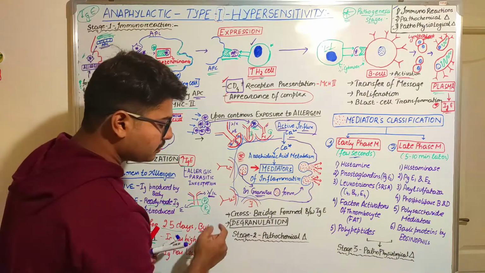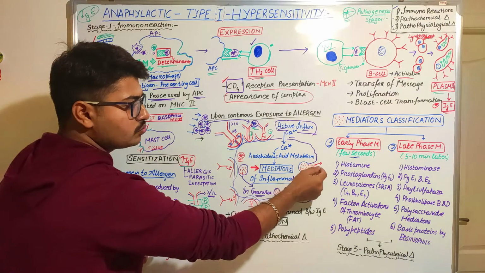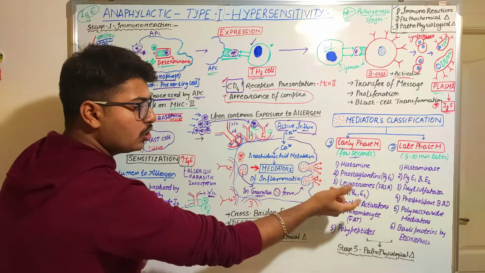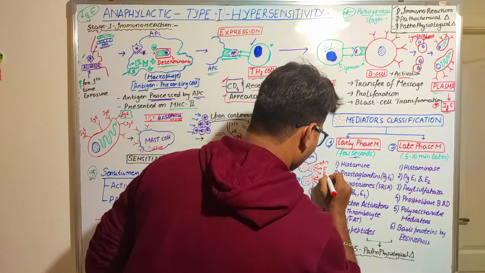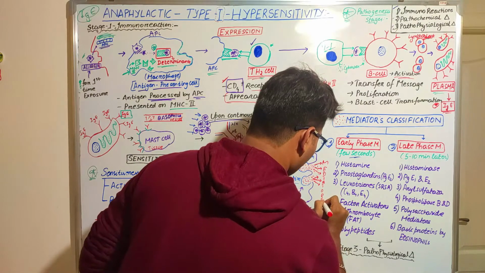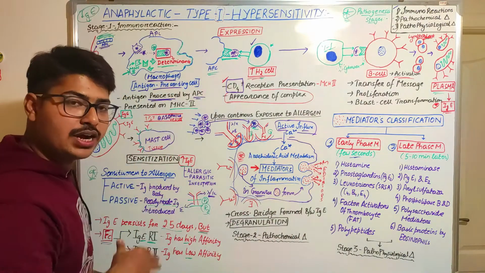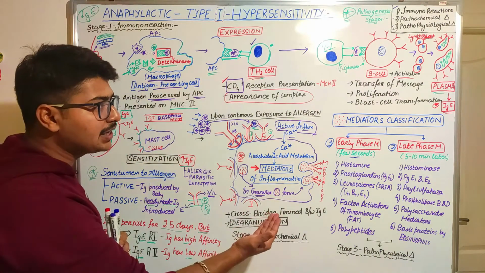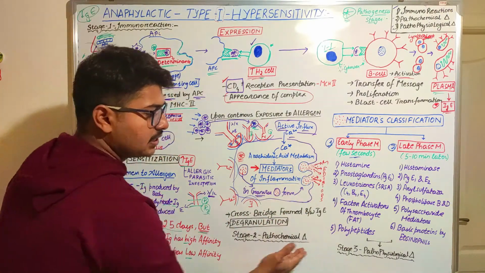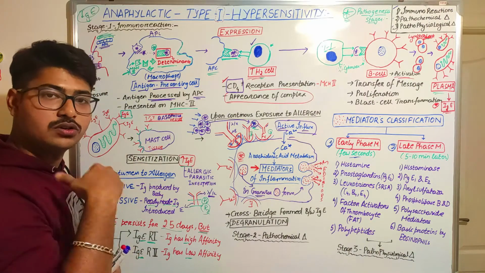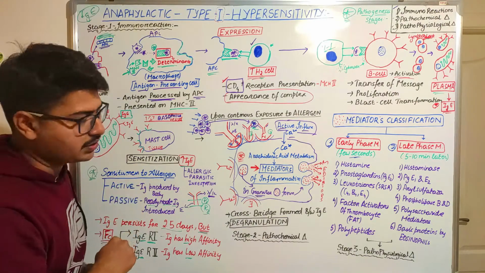After sensitization, the specific process, degranulation, takes place, through which the granules break and produce more mediators. Next, the mediators are classified into early phase and late phase. In my next slide, we will be reading about these mediators, their specific actions, and the stage 3 pathophysiological manifestations. There are two: local manifestations and clinical manifestations.